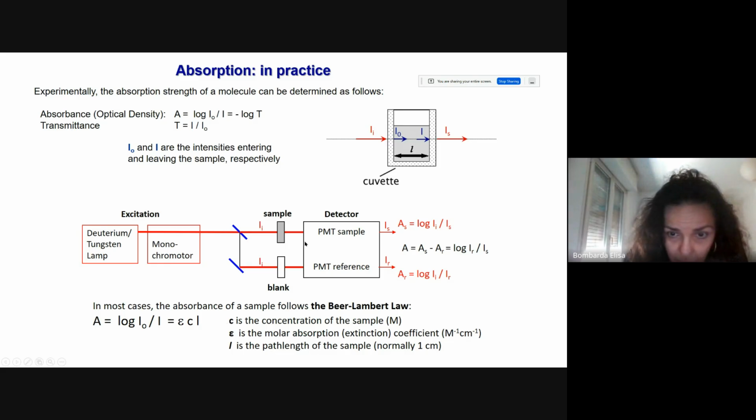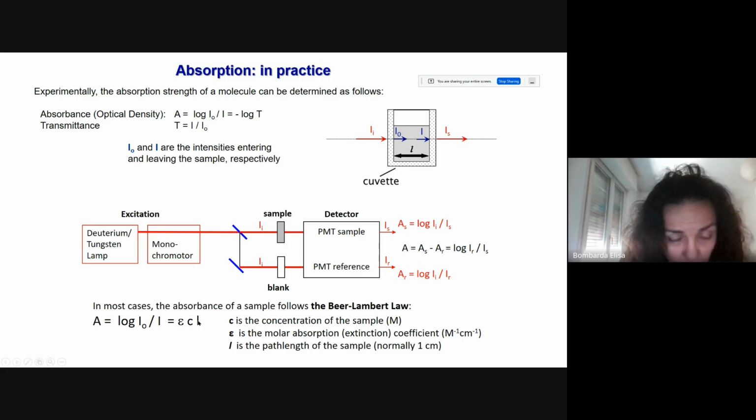Okay, so done this, you can then make the measure as we said, and with the absorbance that we get here in black, we have the absorbance really of the molecule. And then we can, for example, calculate the concentration using the Lambert-Beer law, which is working in most of the cases.